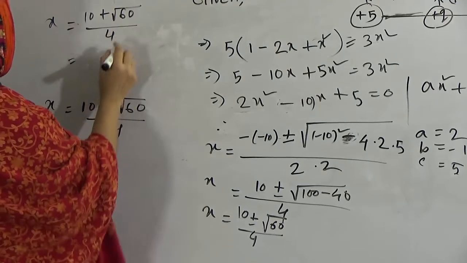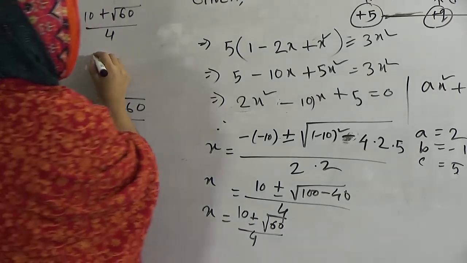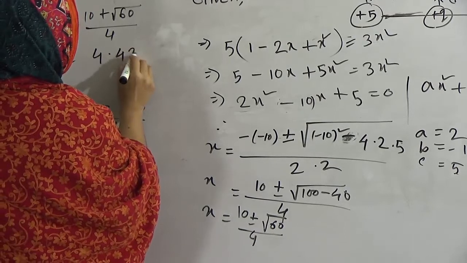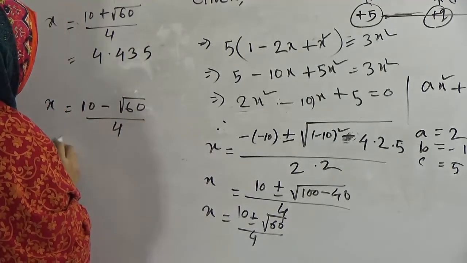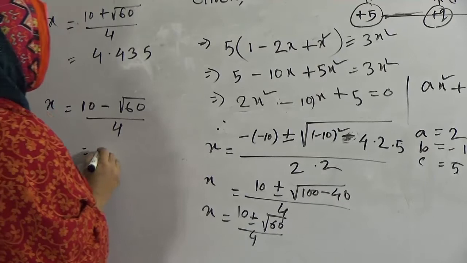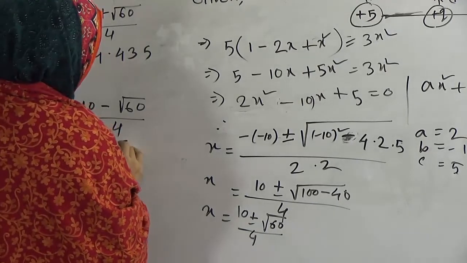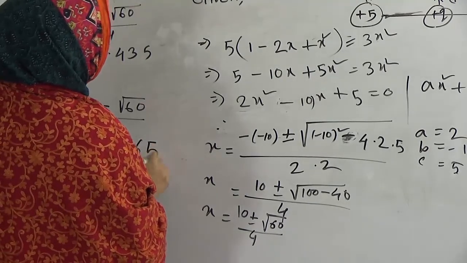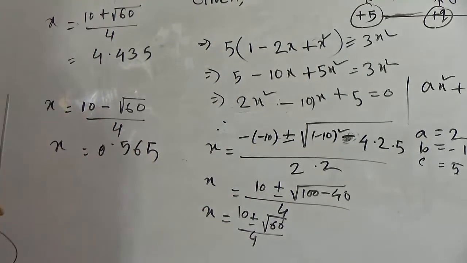So from this calculation we can say that x equals 4.435, and the other value of x equals 0.565.